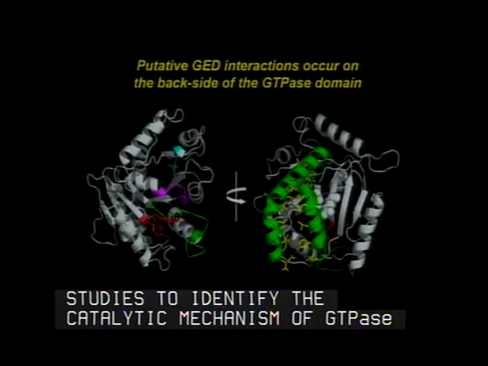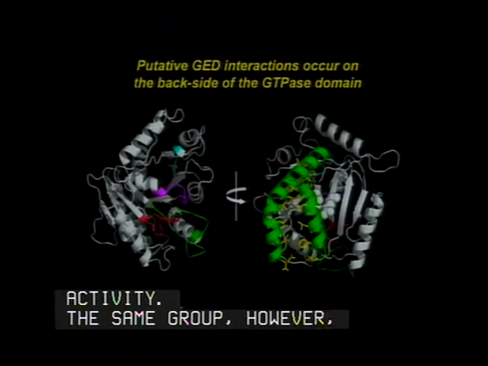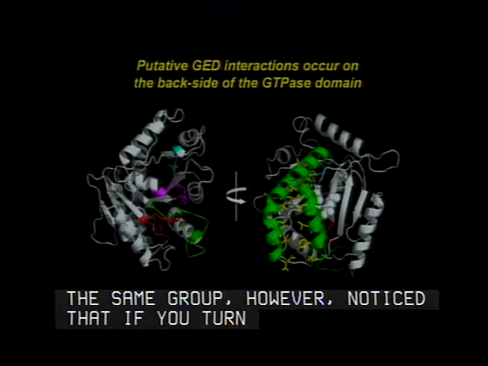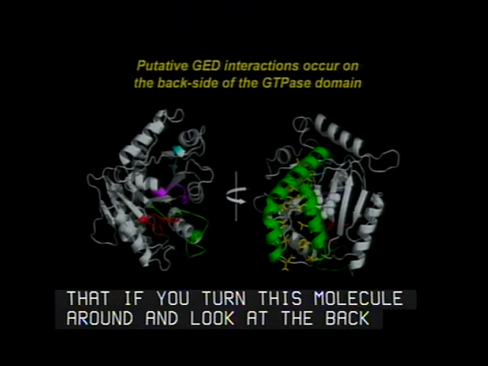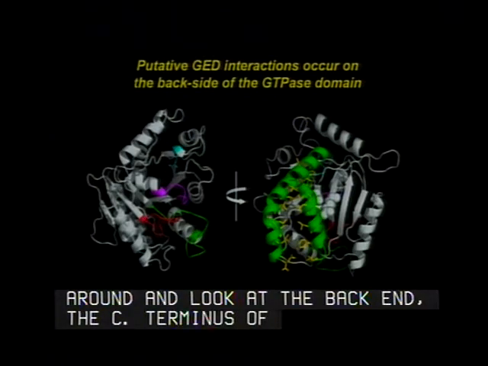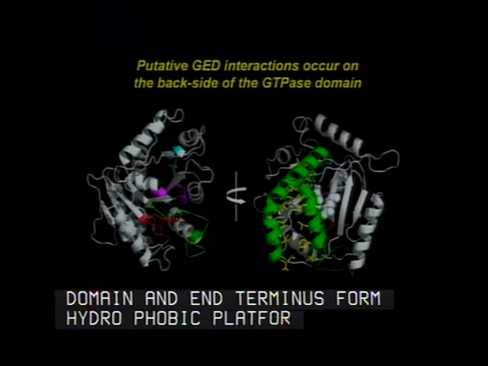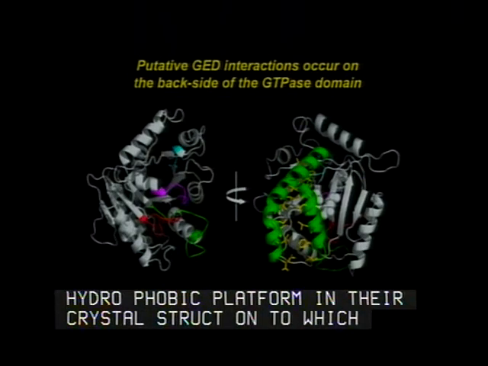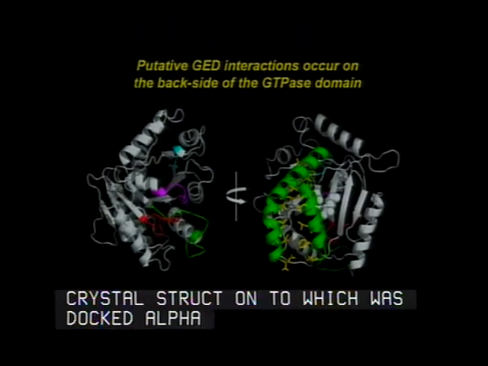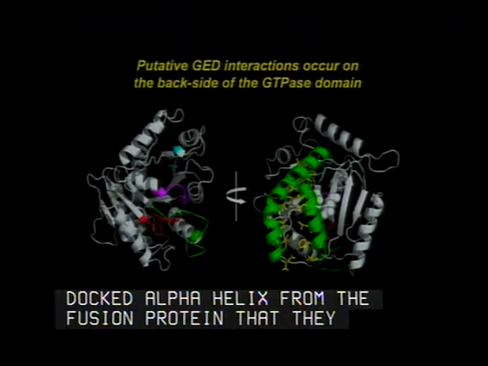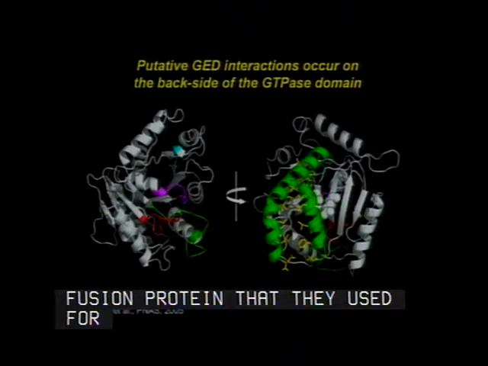The same group, however, noticed that if you turn this molecule around and look at the back end, the C-terminus of the GTPase domain and the N-terminus of the GTPase domain form a hydrophobic platform in their crystal structure onto which was docked an alpha helix from the fusion protein that they'd used for expression of this construct.